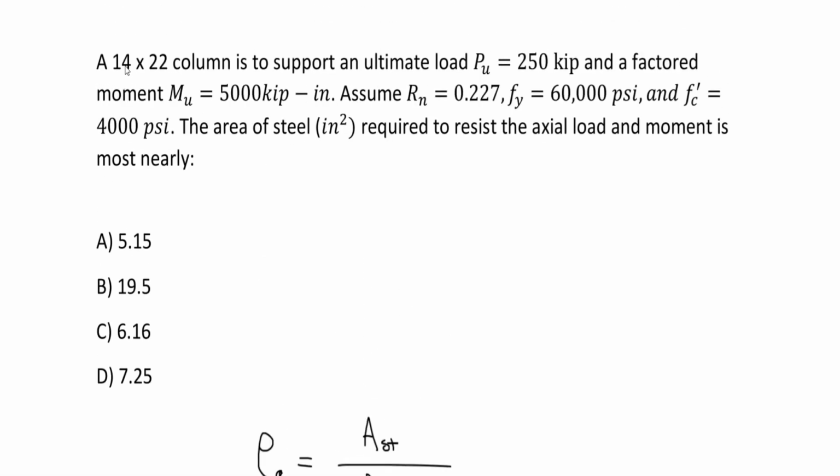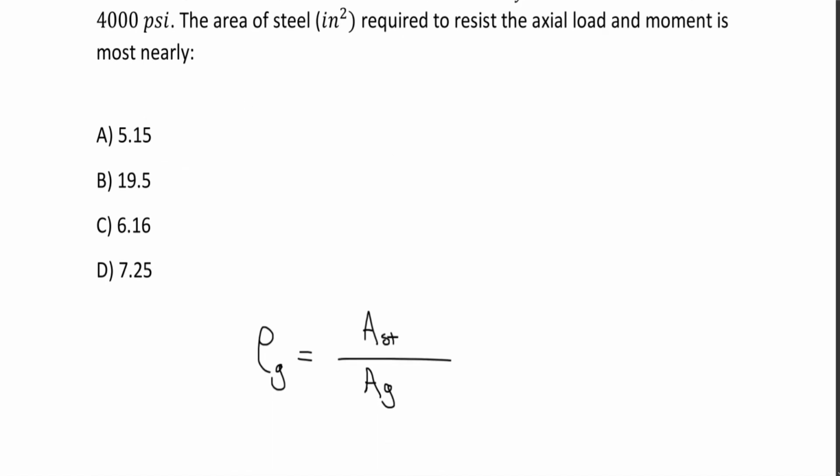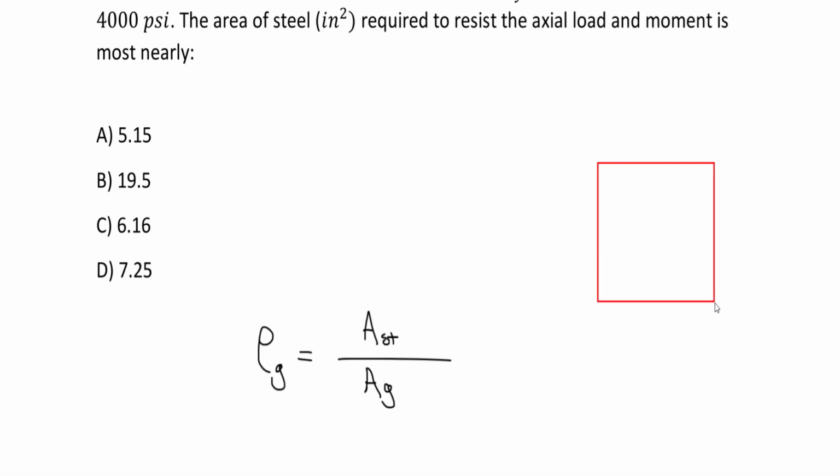By definition, on page 159, the ratio of the total reinforcement area to the cross-sectional area of a column is given as rho sub g, and that equals the area of steel divided by A sub g, the gross area. What's the gross area? It's just the rectangular cross section, 14 by 22.